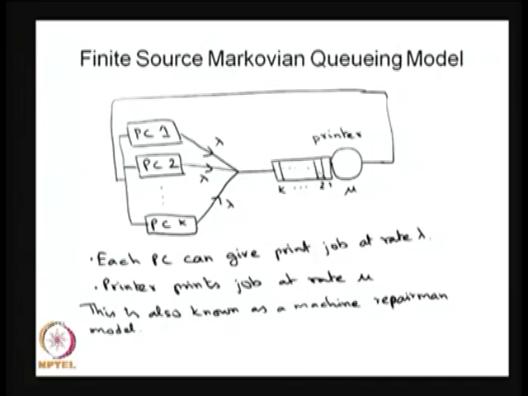you can think of the stochastic process, that is the number of print jobs in the printer at any time t, which forms a stochastic process, with the assumption that the inter-arrival of print jobs is exponential, and the actual printing time is exponentially distributed, and so on.